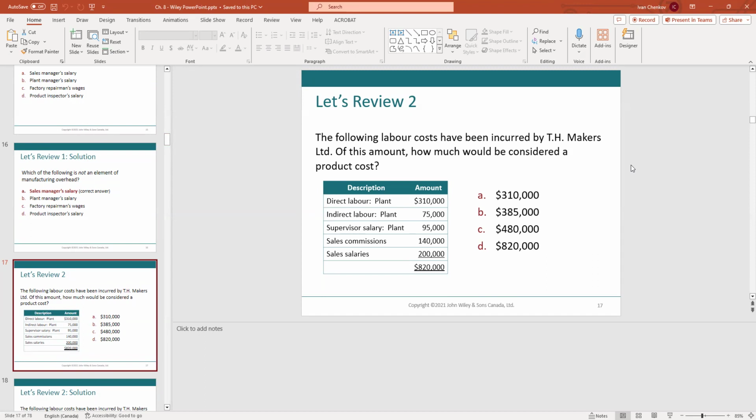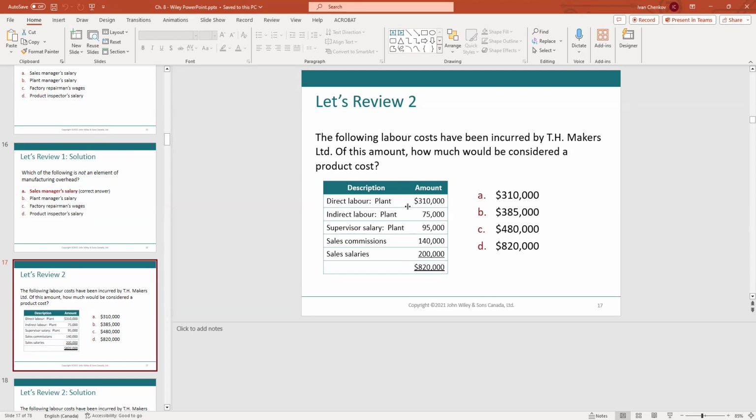Everything else is period cost. Product cost is everything related to the product. Period cost is everything supporting that production or dealing with other activity which is not part of the product. What will be that activity? Sales, administrative expenses.